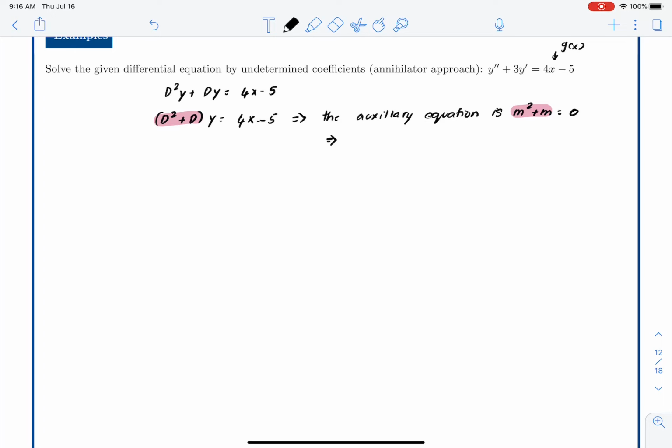So I'm not worried about rewriting d squared plus d as m squared plus m. So I have m times m plus 1 equals 0, which would imply m is 0 and m plus 1 equals 0. So I have m to be 0 and m to be minus 1.